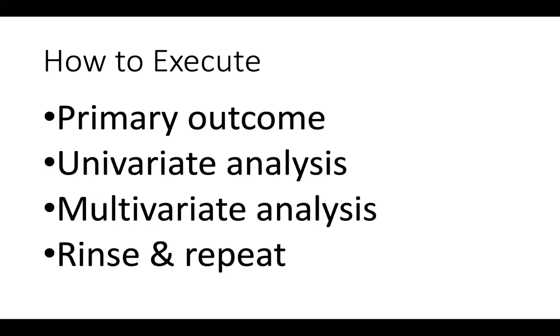Then you come up with a bunch of variables that are significant from the univariate analysis, looking at each specific variable versus the primary outcome by itself. Then you put them all together and do a multivariate analysis, where you're analyzing these variables not only by themselves versus the primary outcome, but also amongst each other and against each other. So you're eliminating confounding, eliminating collinearity and stuff like that.